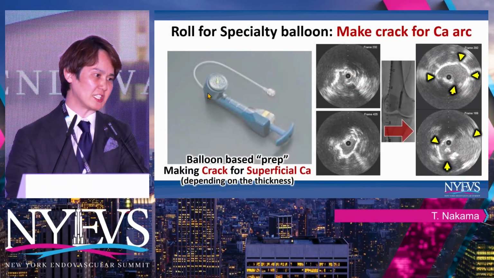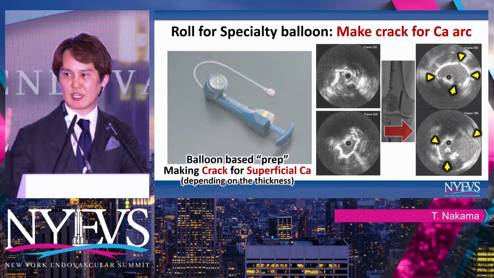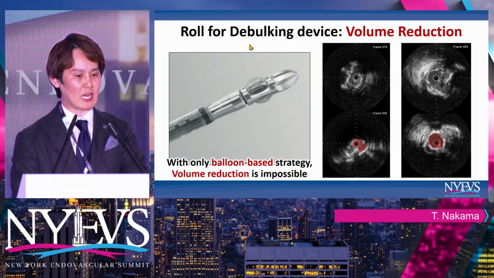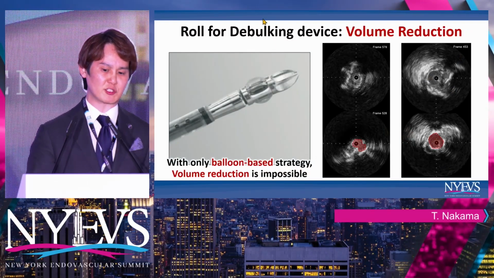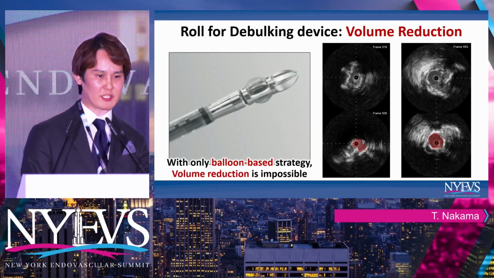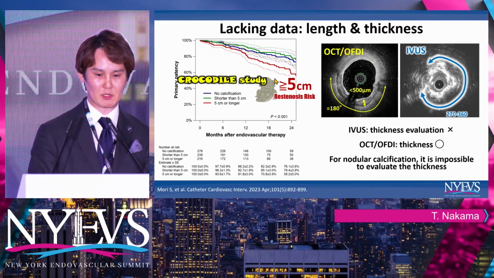A balloon-based strategy is difficult for reducing the volume, however, it easily makes cracks without any risk of distal embolization. As I already mentioned, debulking devices reduce the volume. However, they always contain the risk of distal embolization. How to distinguish these strategies is very, very important.